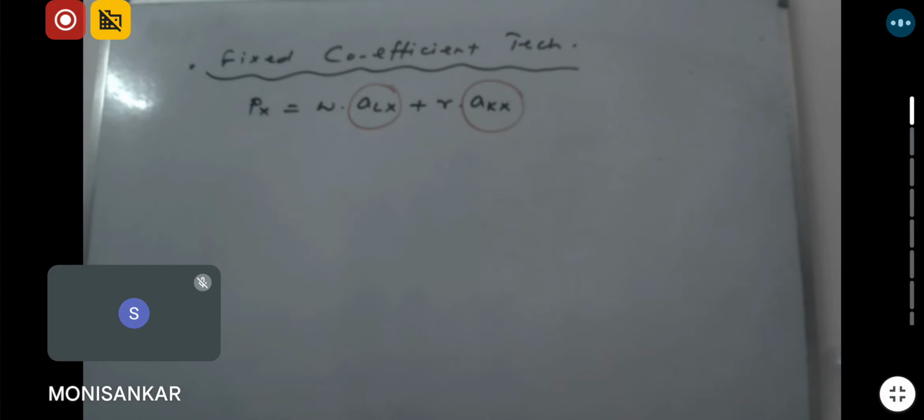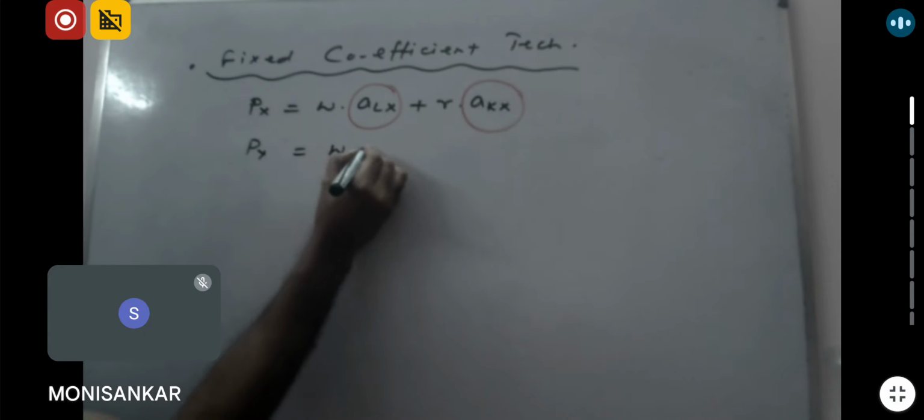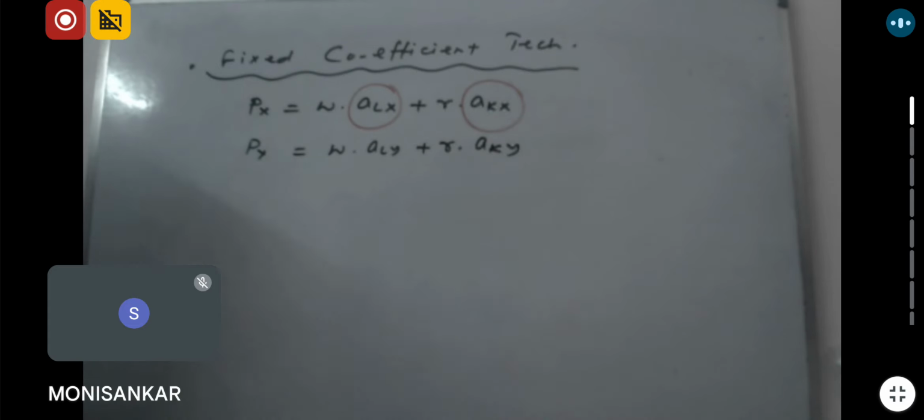So similarly, for country y, we can take py equals w aly plus r aky.